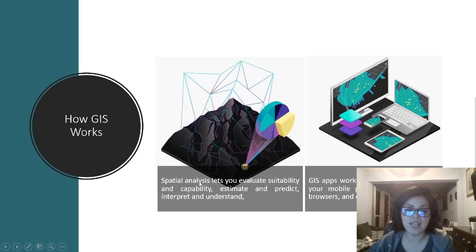The spatial analysis lets you evaluate suitability and capability, estimate and predict, interpret and understand. Also, with the use of apps, the GIS can virtually be everywhere, which could be our mobile phones or computers, the tablets, and web browsers, or in our desktops.